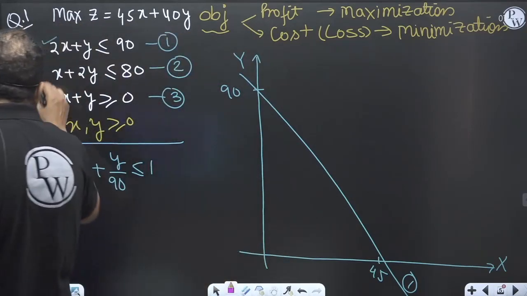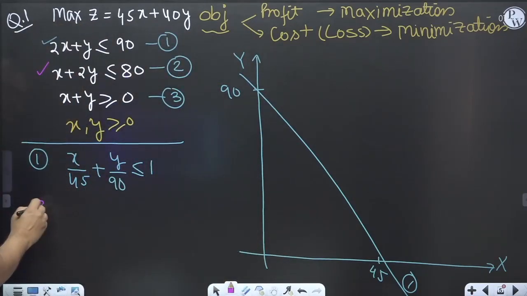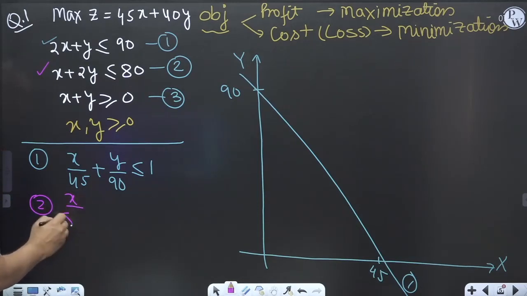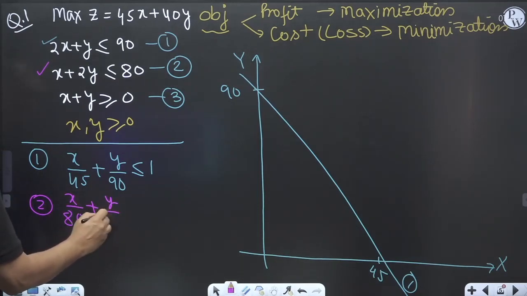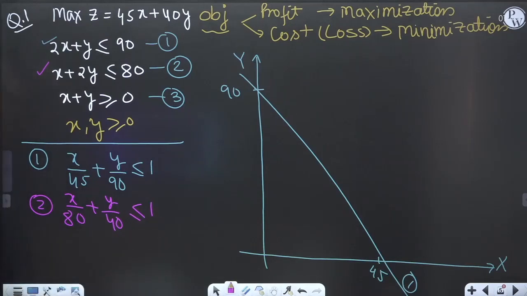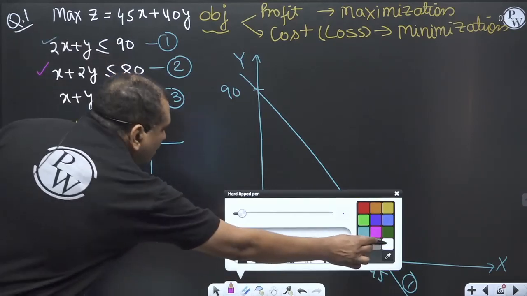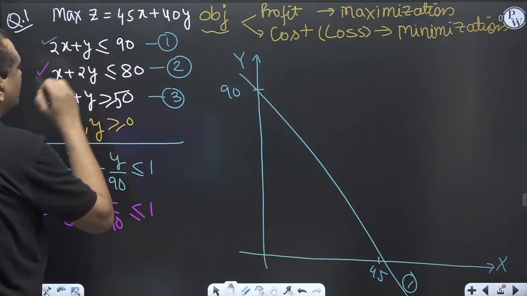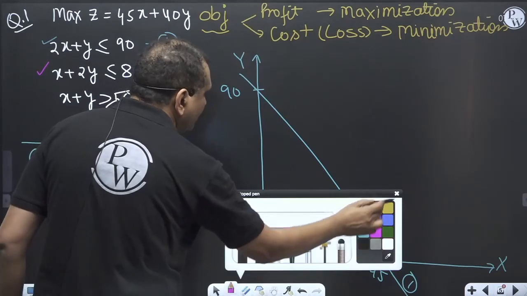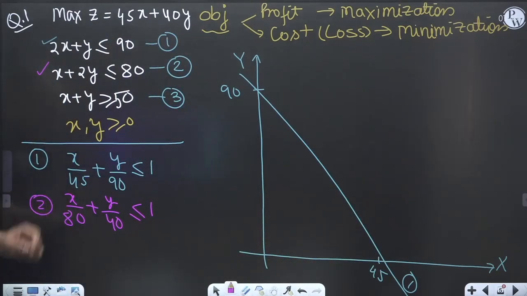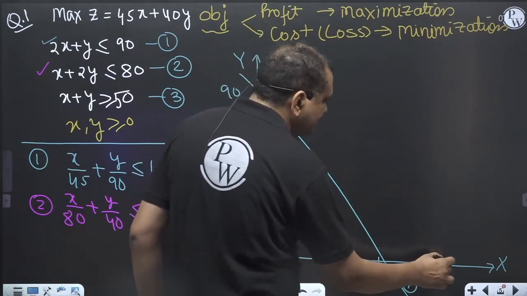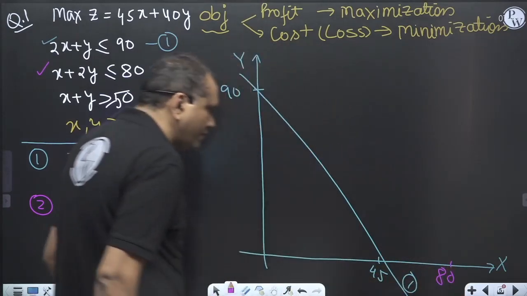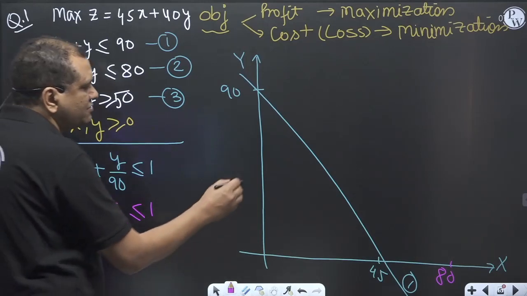Now see the second constraint, divide by 80. So x divided by 80 plus y divided by 40 is less than or equal to 1. Okay? So now the x-axis intercept is 80 and the y-axis intercept is 40.